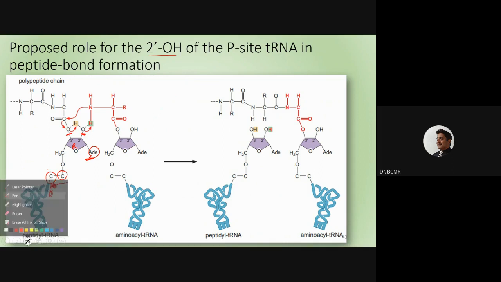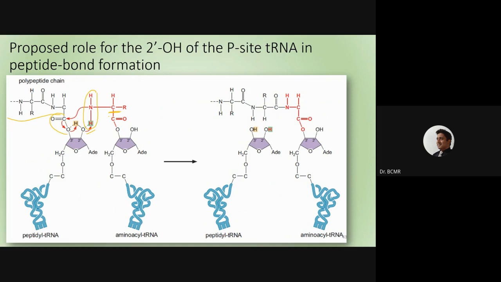So what happens is, this is the 2' OH. There is a role for it, and it is supposed to interact with the amino group of this amino acid here. And here we have the peptidyl chain that is growing, and its carboxylic group.